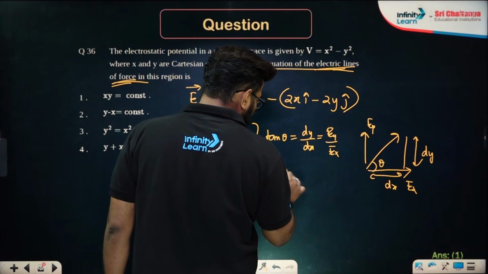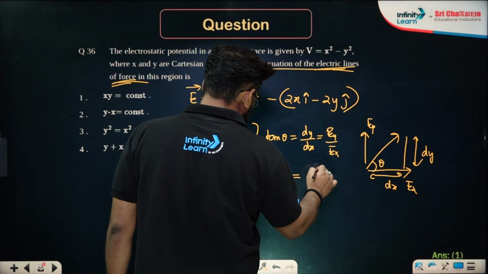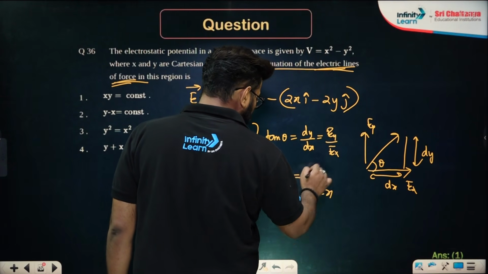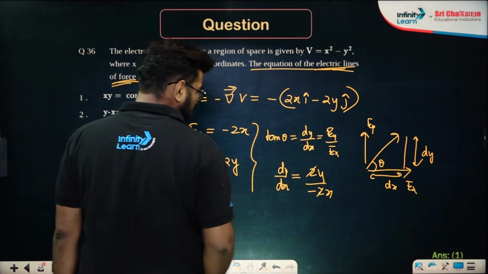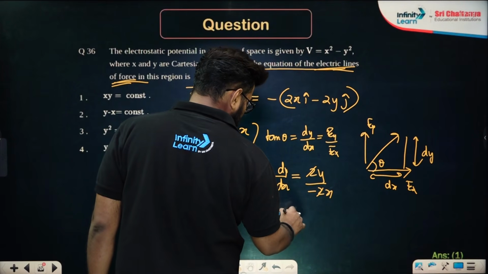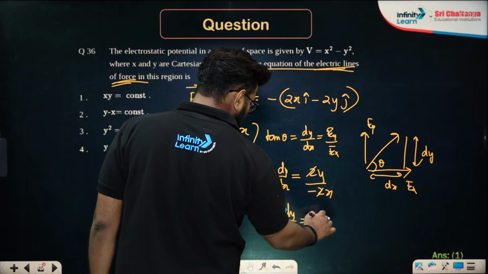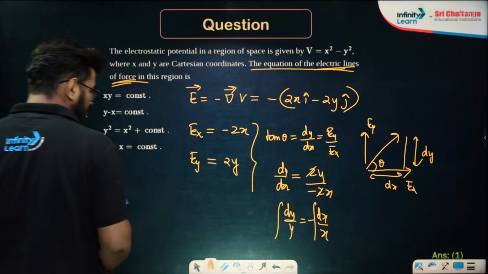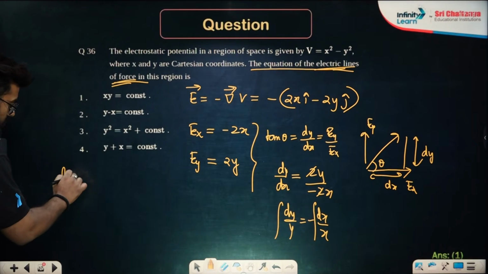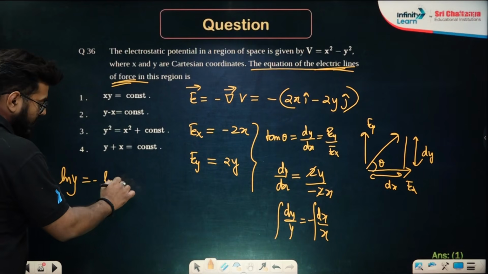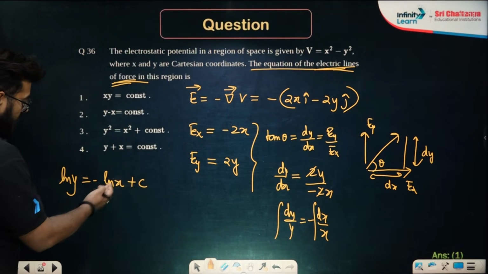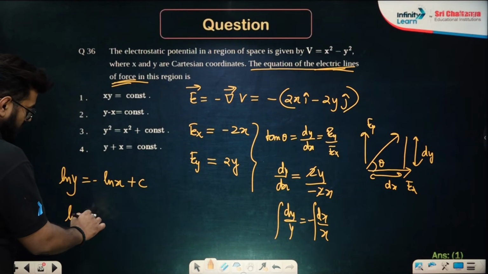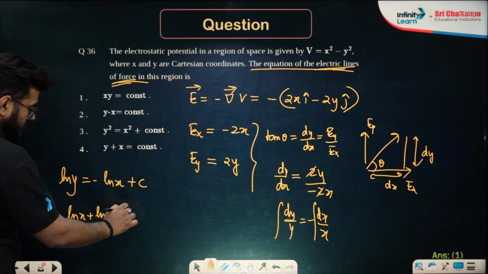So the dy by dx value is turning out to be how much? 2y upon minus 2x. 2 cancels. Take y over here, take x over here. So dy by y is equal to minus dx upon x. Do the integration. This will give you natural log y equals minus natural log x plus c. Take this over here: natural log x plus natural log y equals natural log c.